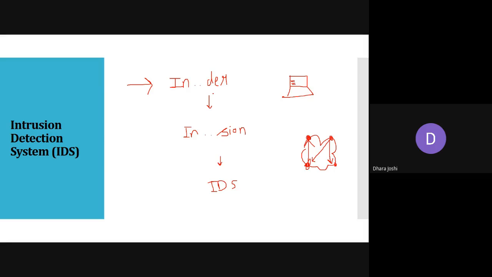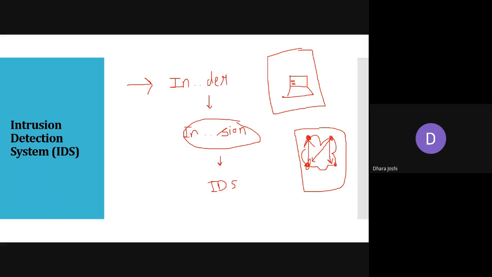Generally we can say that an intruder is an attacker who wants to attack either the system or the network. While they are attacking, this is called intrusion. The process of attacking a system or a network is called intrusion. And we have one system here, and here we have a network, and again one system here.